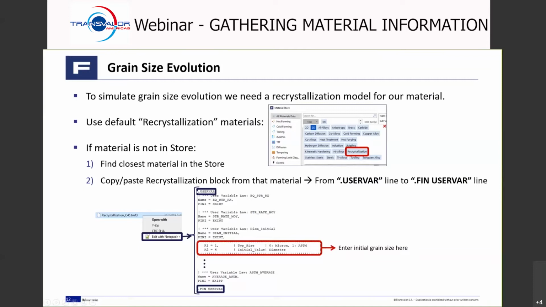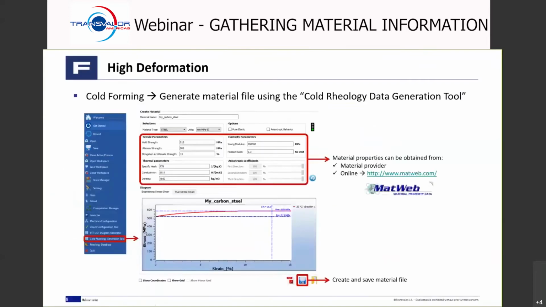Sergio, we have a question from Rochan concerning cold forming. It's asking if there's a way to incorporate strain rate dependence in the tool for cold forming. You want me to answer that? Yeah, sure. So Rochan, no, the tool will not allow you to do that just because we consider there's no strain rate dependence in cold forming.